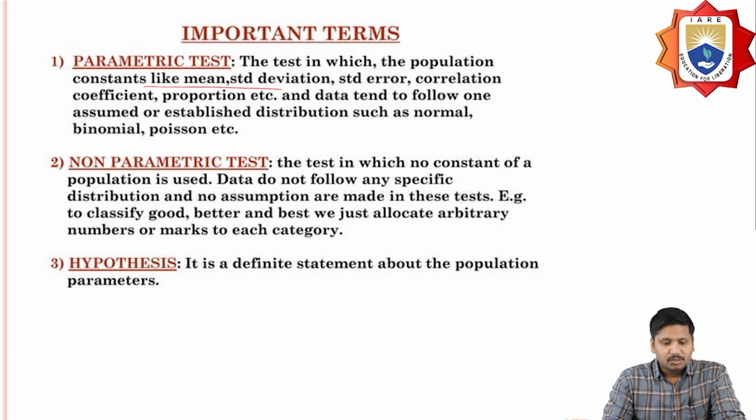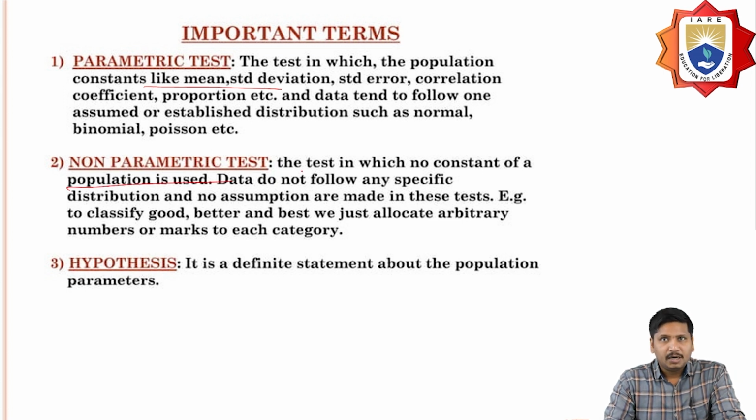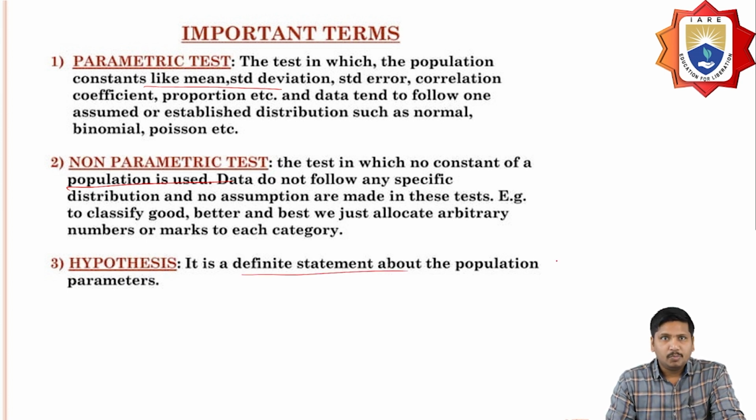A non-parametric test is one in which no constant of the population is used, the data do not follow any specific distribution, and no assumptions are made. To classify good, better, and best, you have to allocate arbitrary numbers or marks to each category. A hypothesis is a definite statement about the population parameter.